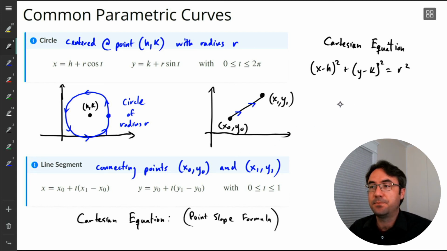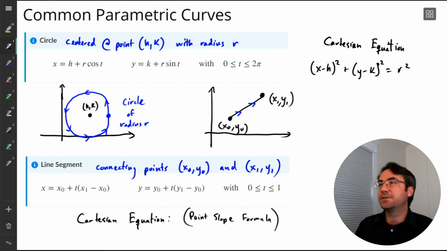And so, keep in mind this relationship of going back and forth between the Cartesian equation, which really just describes the underlying collection of points, but then also the parametric equations, which describe the direction, starting and ending points. How do we trace that collection of points out? And these are just two common examples that we see.